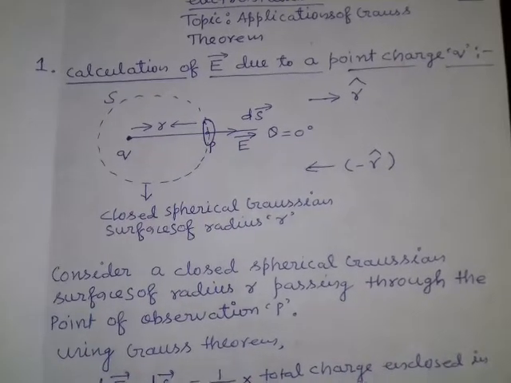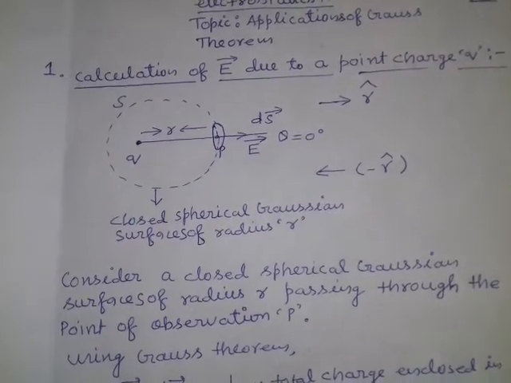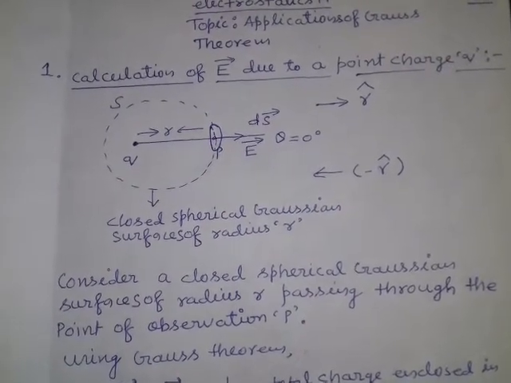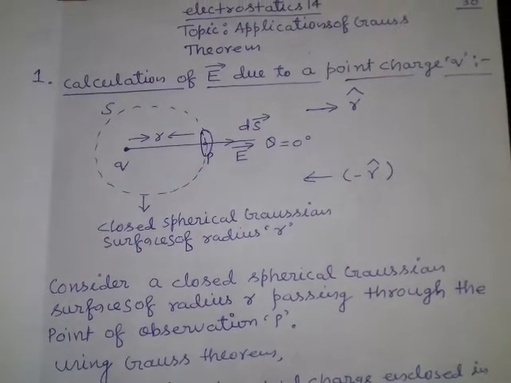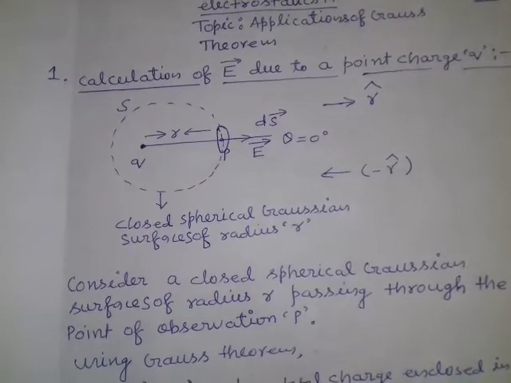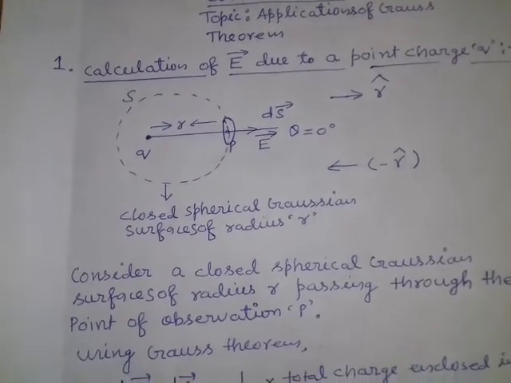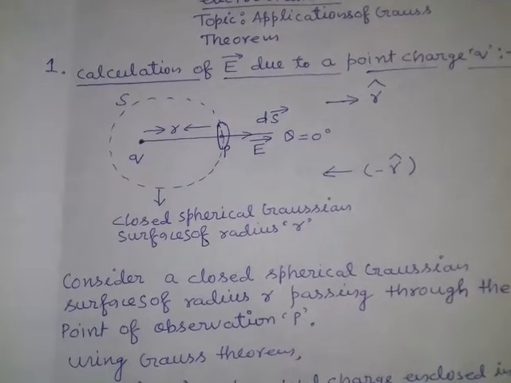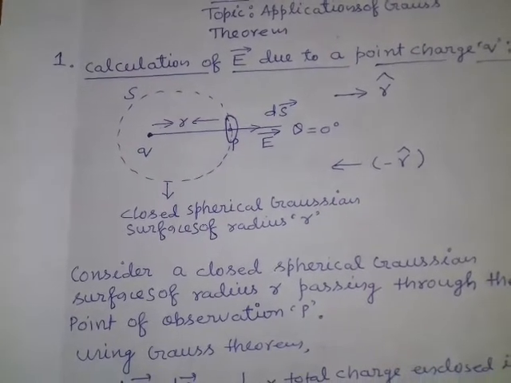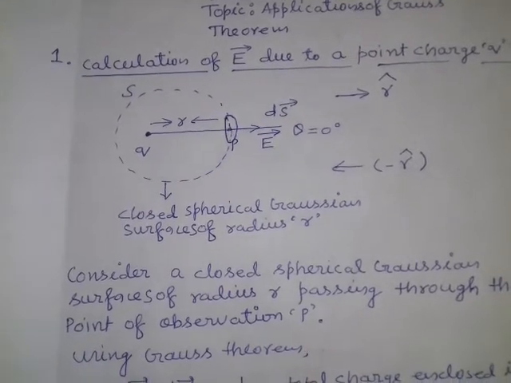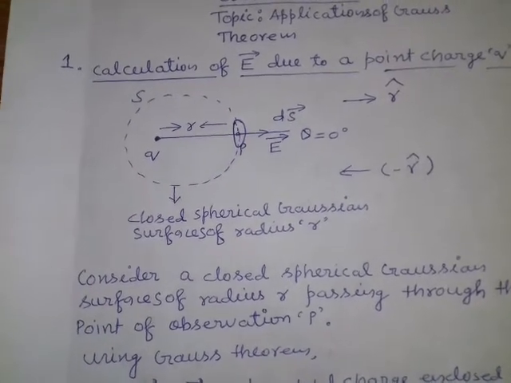Now, what is the shape of this closed Gaussian surface? I told you earlier, this will entirely depend on the nature of the source charge. Here the nature of the source charge is point like, so the closed Gaussian surface would be a spherical Gaussian surface.